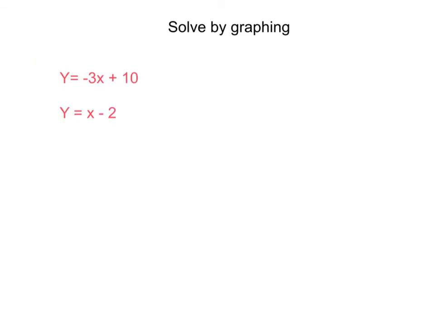You can also determine the system of each graph by graphing each line and determining the relationship they have. For the first example, we're going to graph the first line, y equals negative 3x plus 10.